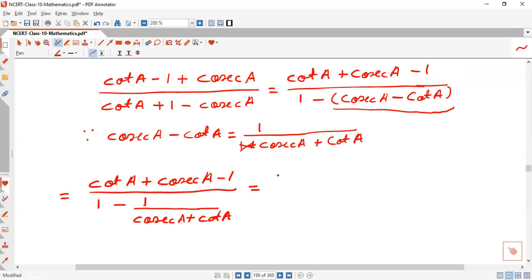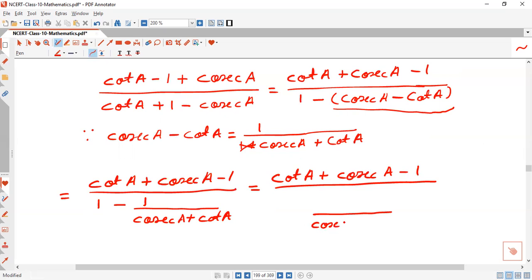Simplify this one. Cot A plus cosec A minus 1, divided by, taking cosec A plus cot A as the LCM in the denominator, 1 times cosec A plus cot A, and minus 1 into this part becomes minus 1.